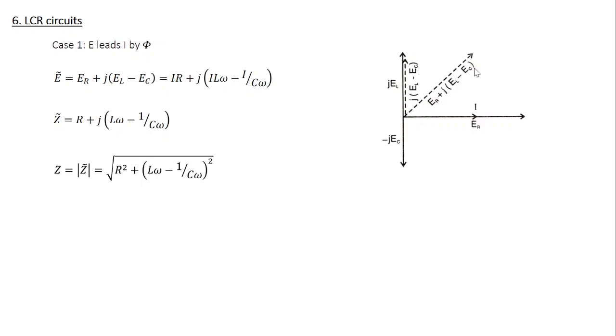So the net voltage is the vector summation of ER and J into (EL minus EC). So we can write the complex voltage equal to ER plus J into (EL minus EC), which is IR plus J into (IL omega minus I divided by C omega).